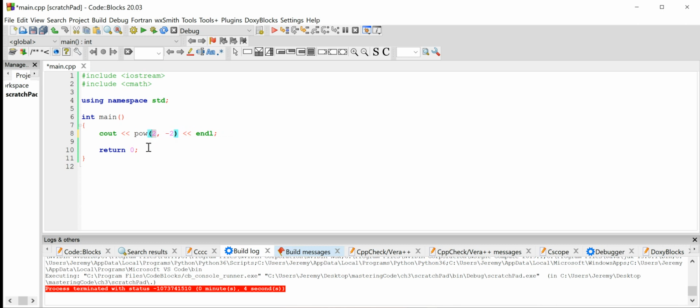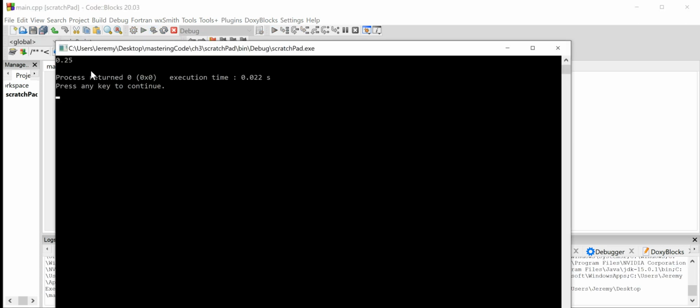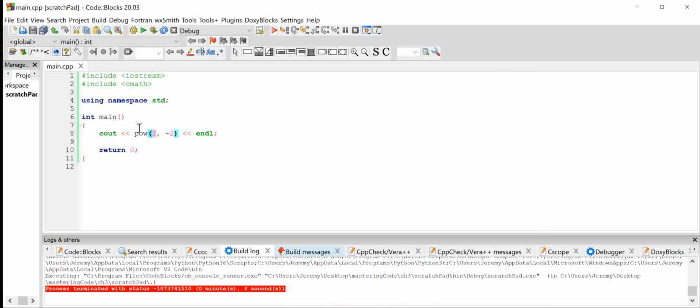So 2 would be 1 over 2, because 2 gets inverted there, and then that thing gets squared. So 1/2 gets squared, so the answer should be 1/4 or 0.25. And when we run this, there you go. There is your 0.25.